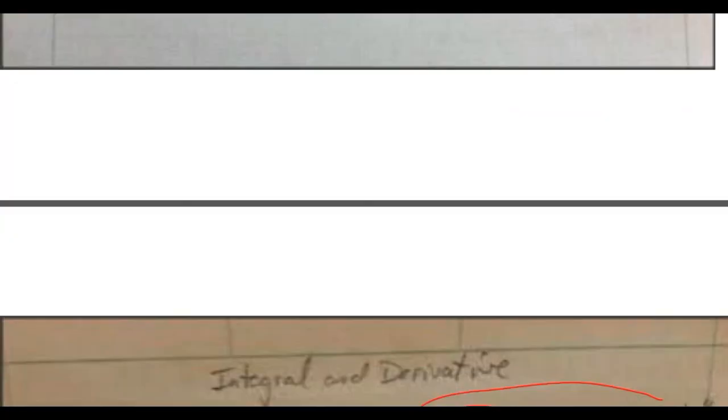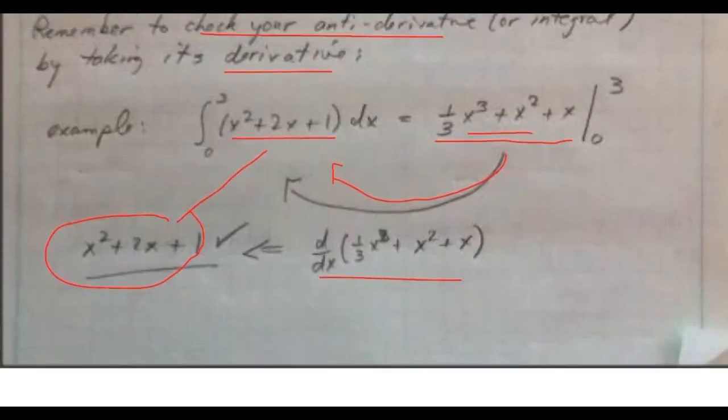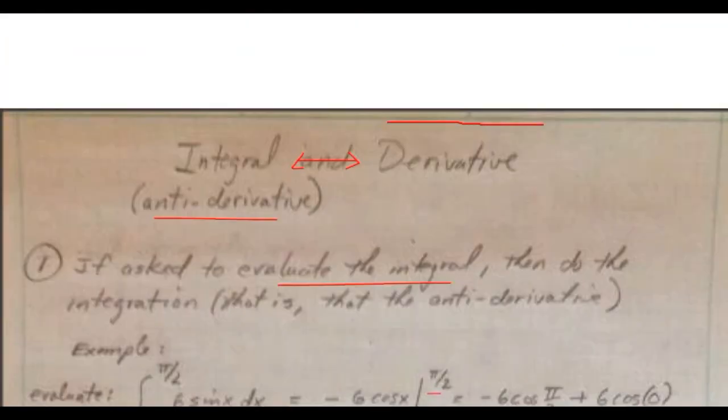To get the derivative, which is the function in the integral sign, we take the derivative of the answer. If we want to check, we go back and take the antiderivative this way, and we should get the original function. So those are several different ways that you can look at the integral and the derivatives, how they go back and forth. That's it.